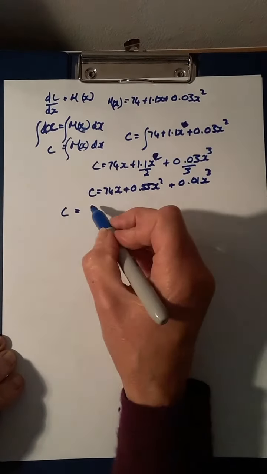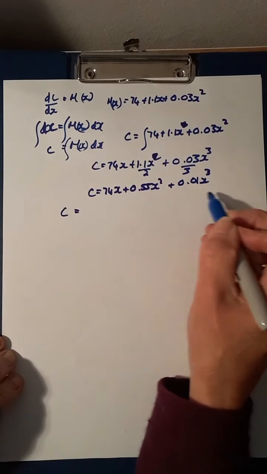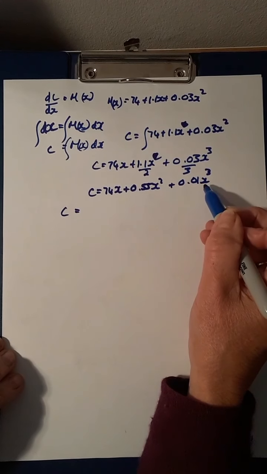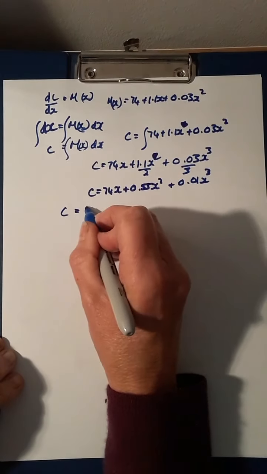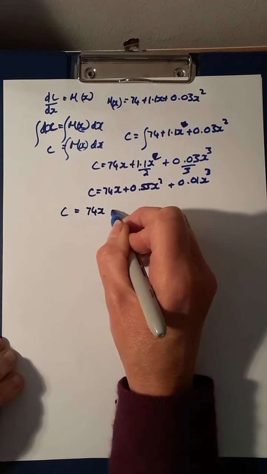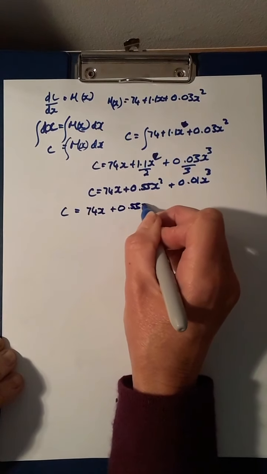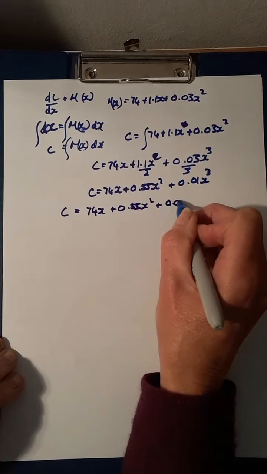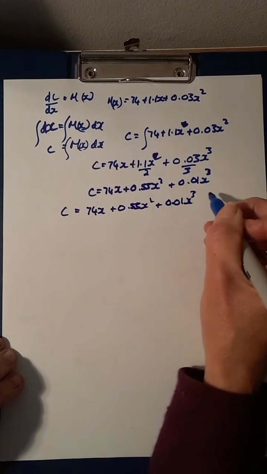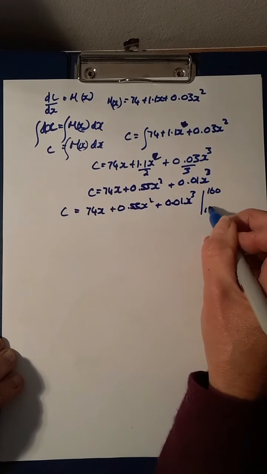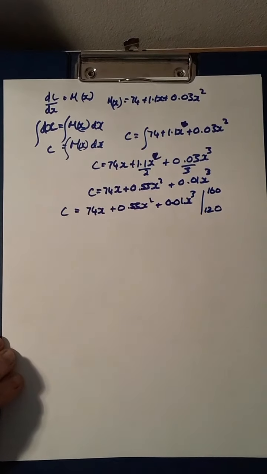So if I apply this equation that I've got for the cost function, I'll get the cost of 74x plus 0.55x squared plus 0.01x cubed, but I'll put in limits, from 160 down to 120.